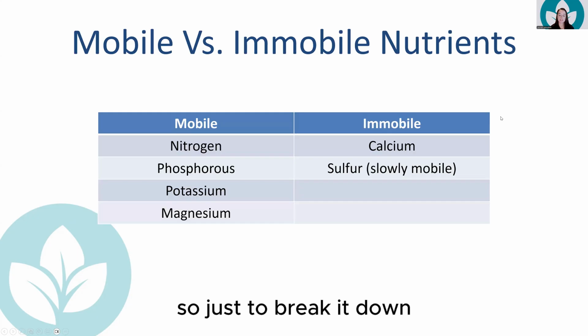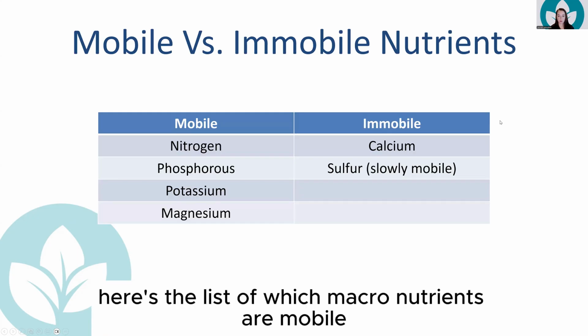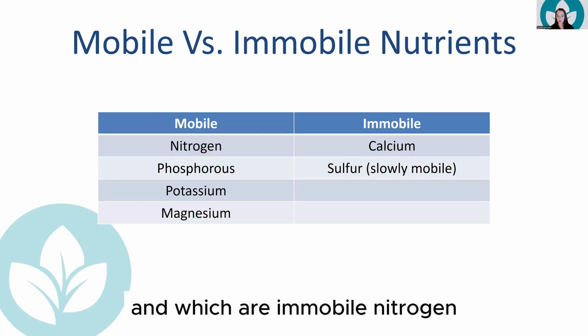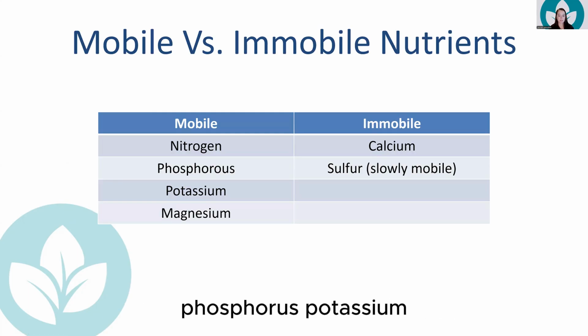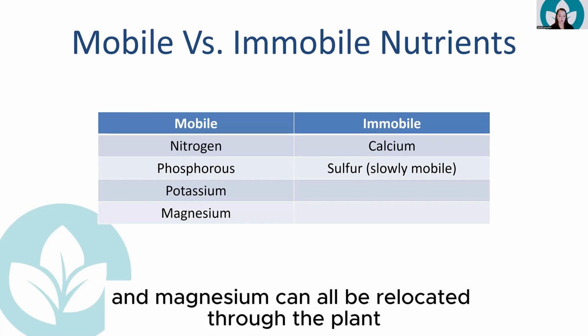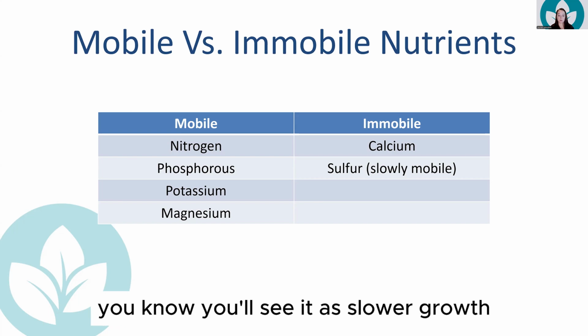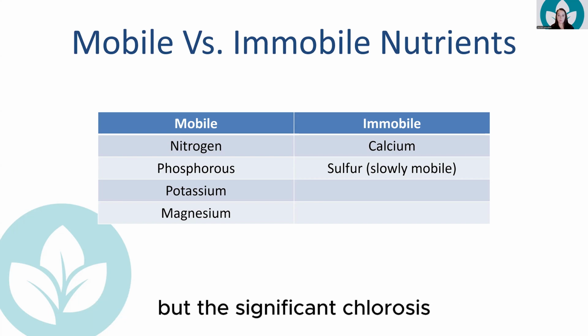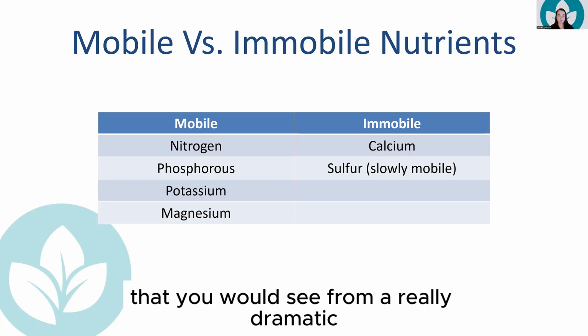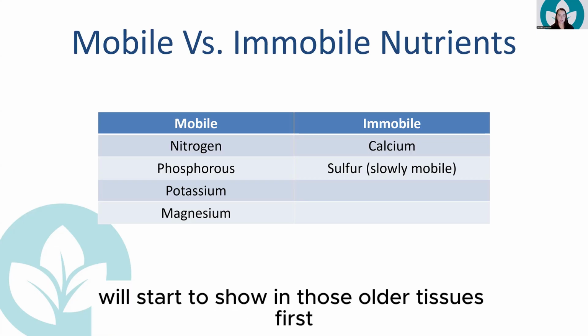So just to break it down, here's the list of which macronutrients are mobile and which are immobile. Nitrogen, phosphorus, potassium, and magnesium can all be relocated through the plant. So if you have a nitrogen deficiency, you'll see it as slower growth, but the significant chlorosis that you would see from a really dramatic nitrogen deficiency will start to show in those older tissues first.